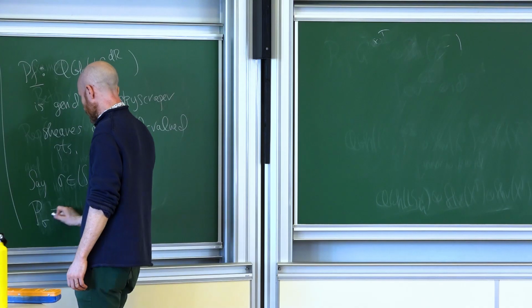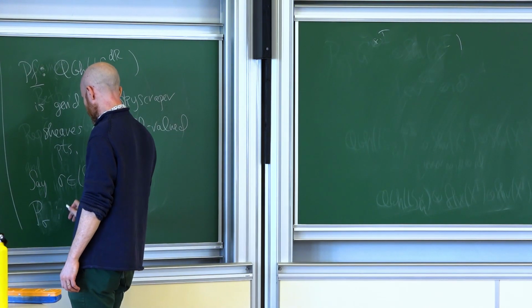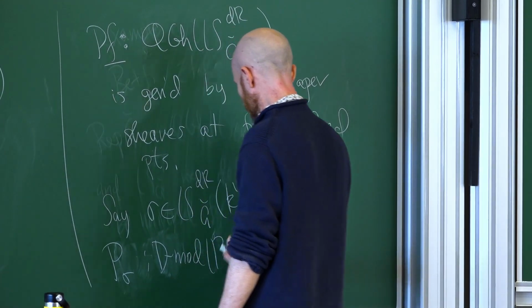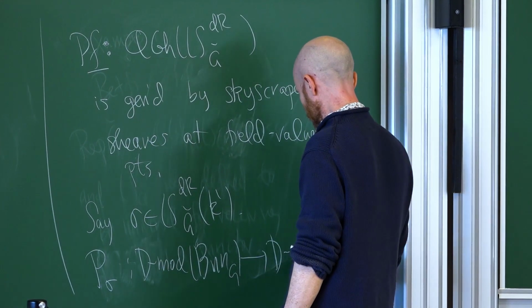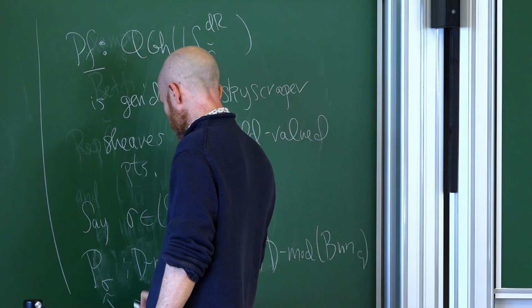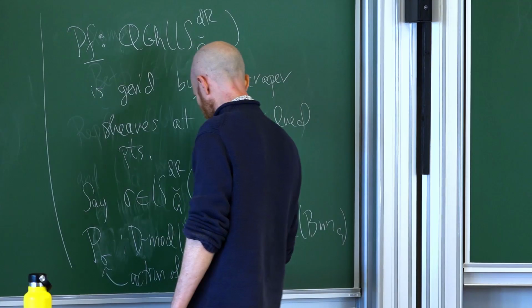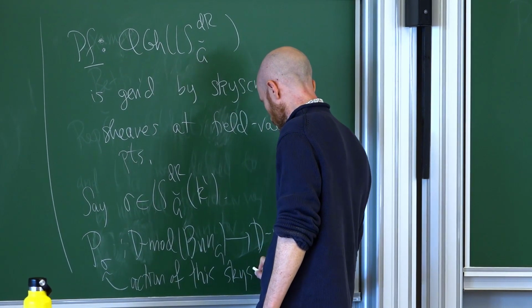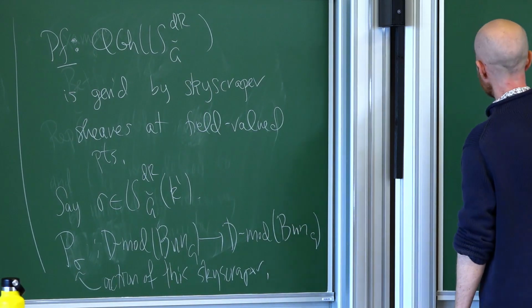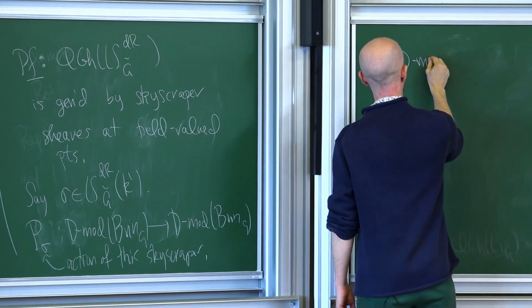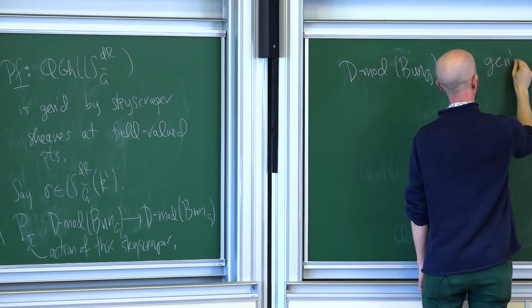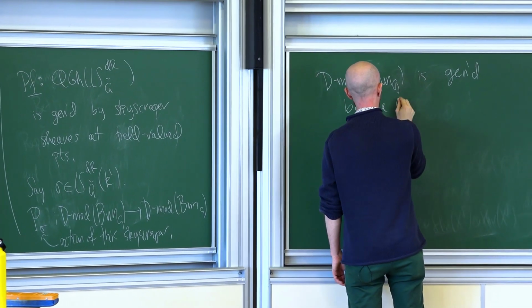I write P sigma for the Hecke operator, which is the action of the skyscraper sheaf. Because this category is generated by skyscraper sheaves, D-mod of Bun_G is generated by the images of all P sigmas.